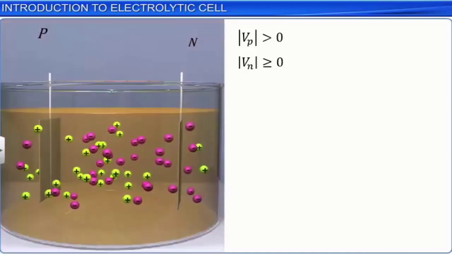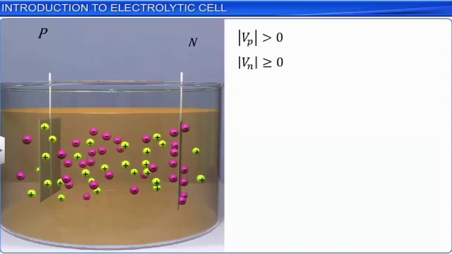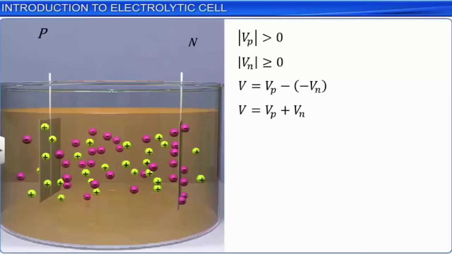Let us now understand the concept of the electromotive force of an electrolytic cell. The potential difference V between P and N is Vp minus of minus Vn, which is equal to Vp plus Vn. Let this be equation 1. The voltage or electric potential difference across the terminals of a cell when no current is drawn from it is its EMF.